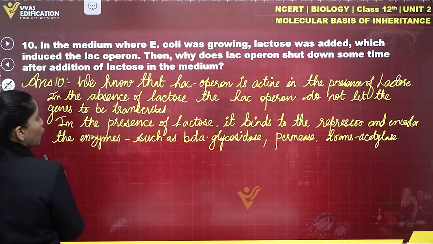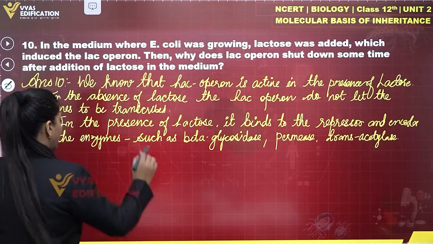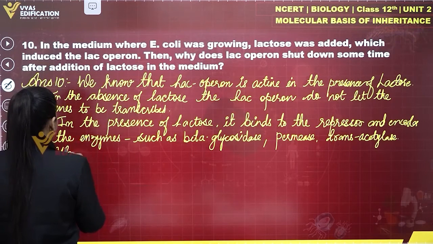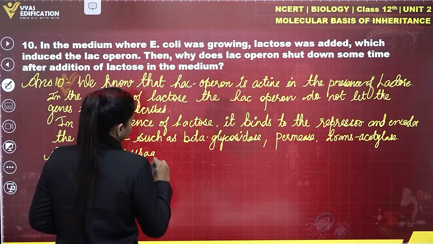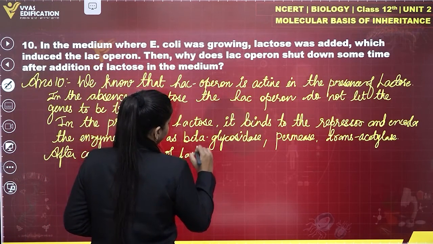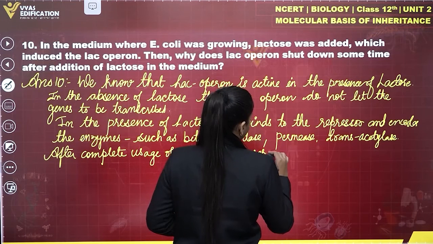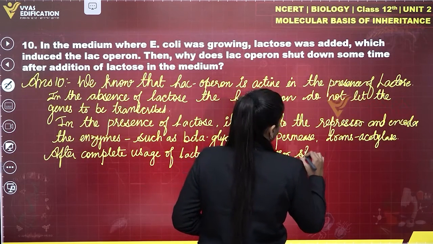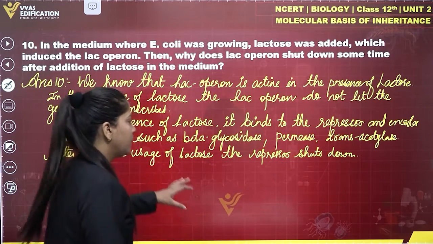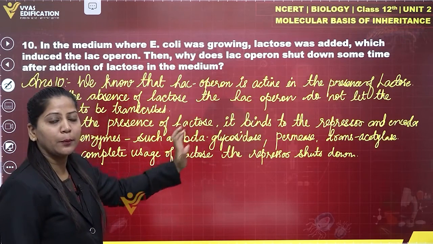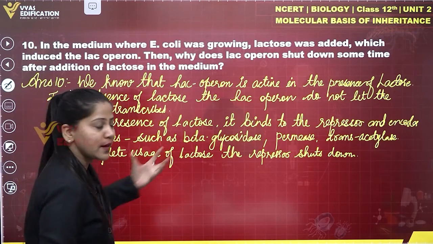So, after complete usage of lactose, the operon shuts down and does not code for anything, because the repressor in the absence of lactose will bind to the operator, and this does not lead to the formation of these enzymes.